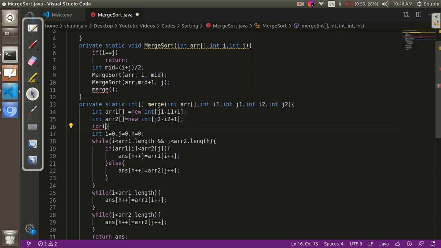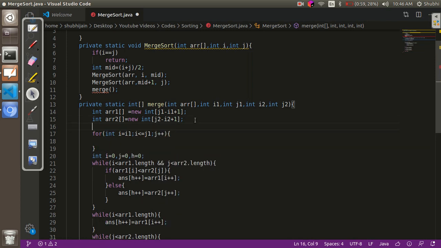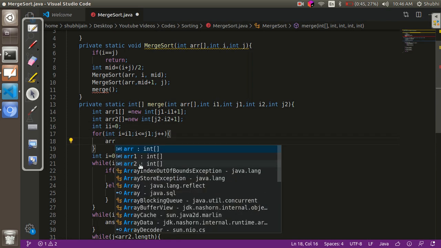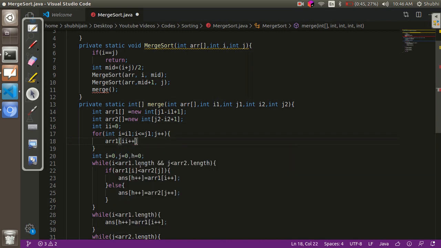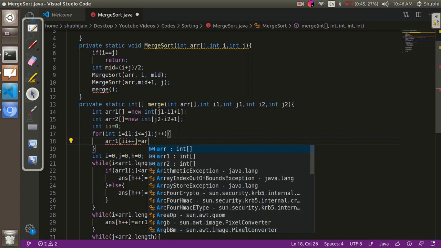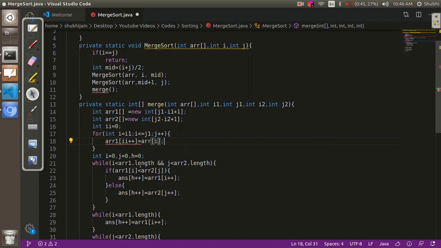So for int i equals i1, i less than or equal to j1, i plus plus. Over here I'll take another helping index. It will be used only to store the elements in these arrays. So over here we'll have array 1 of k plus plus equals array of i.